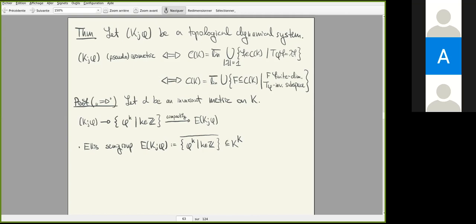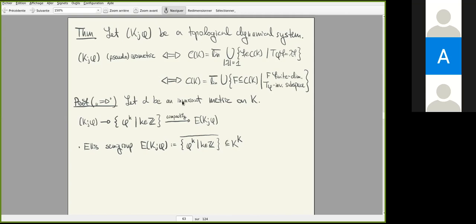Traditionally, the Ellis semigroup is defined as taking the closure in the topology of pointwise convergence. And you end up with something which is again a compact topological space and also a semigroup. And this is the Ellis semigroup.